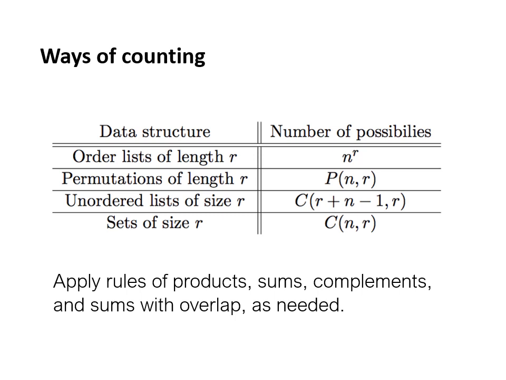Unordered lists of size r: the number is C of r plus n minus 1, r. And sets of size r: the number is C of n, r. On top of these basic ways of counting, we apply our rules of products, sums, complements, and sums with overlap as needed. And that's how we will be solving problems in this area.